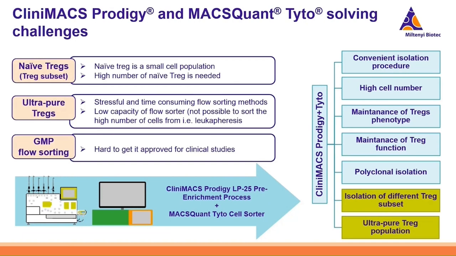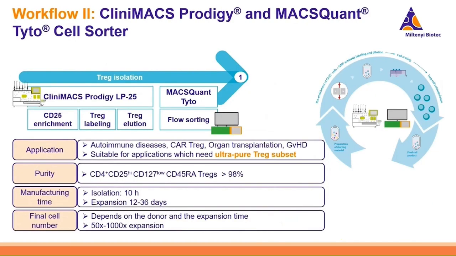So this is workflow 2 that we can provide, and this is based on the CliniMACS Prodigy LP25 process. And first, what is done is a CD25 enrichment step. After that, the Tregs get labeled and they get eluted into sorting buffer, and then they are further sorted on the MACSQuantify Cell Sorter.